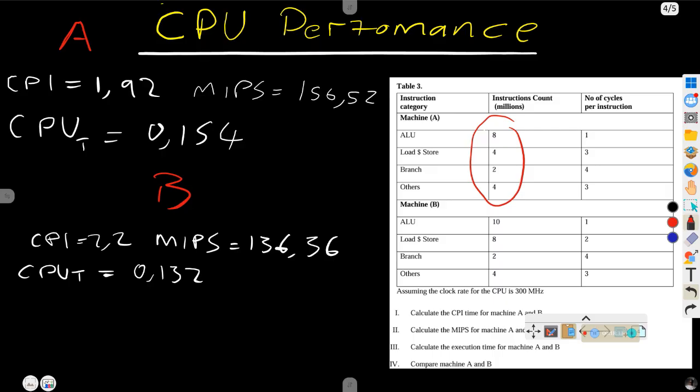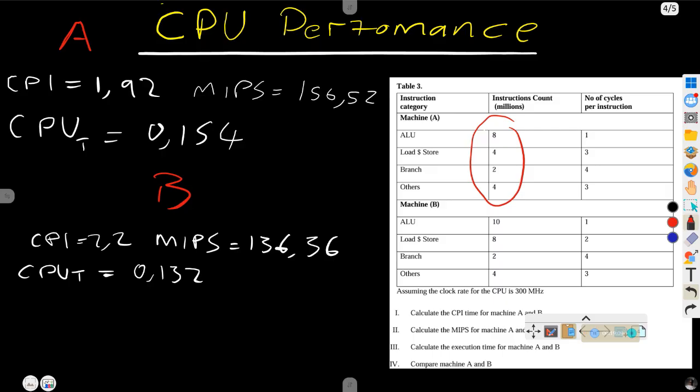Now we go to MIPS, which are millions of instructions per second, which means the instructions per second of A is 156, of B is 136. Now which one is greater? Of course it is A. It has more instructions than B. You will deduce that A is greater than B in terms of MIPS.